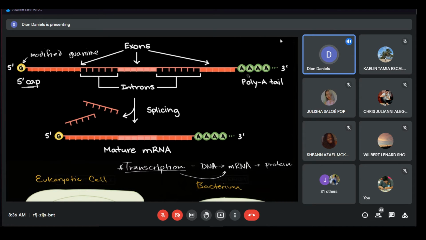And then you have this poly A tail, and it's called a poly A tail because it has a bunch of adenines at the end right over here. And these not only help in the translation process, they help make sure that the information is more robust, that the ends of the mRNA are less likely to become damaged.